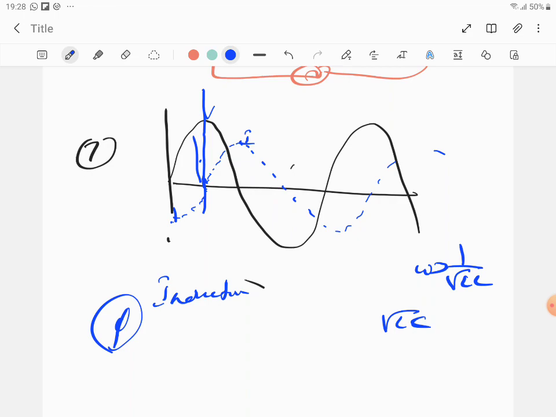Next. There's one more graph, is it? We didn't even see the second graph, right? In the next graph, current is simply leading voltage. If current is leading, then it has to be capacitive, correct?